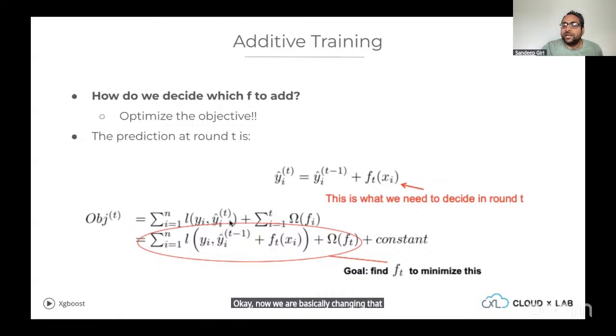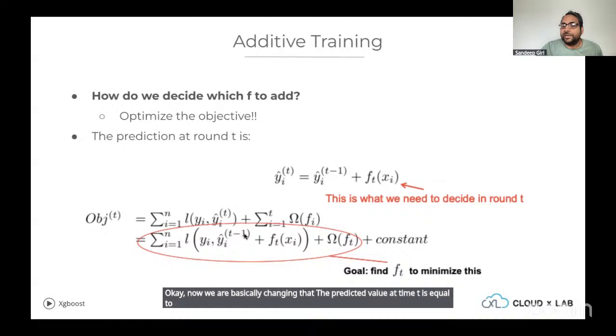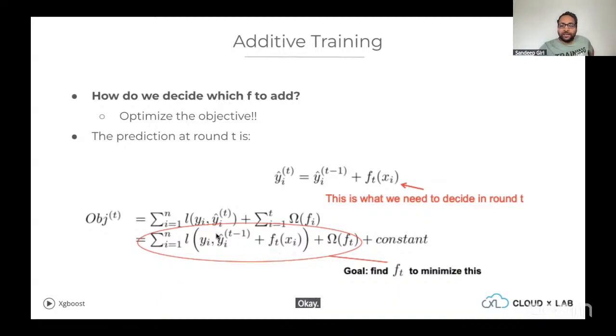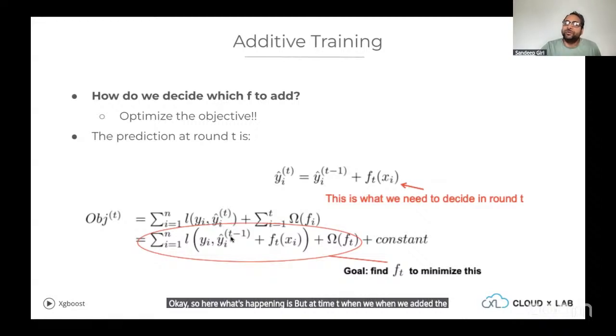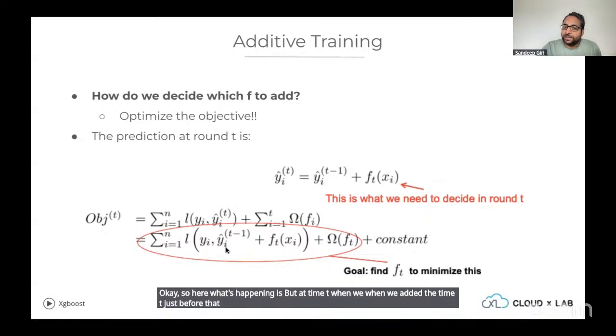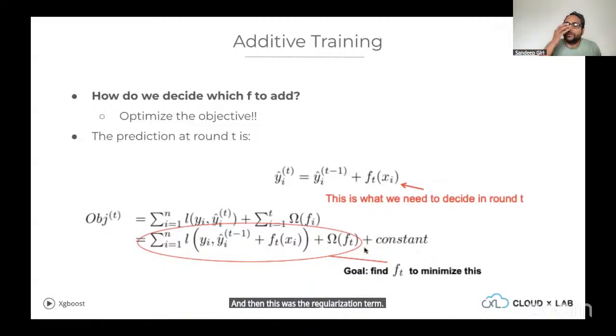The predicted value at time t is equal to the predicted value at time t minus 1 plus the last value that was predicted. Just before adding time t, this was the prediction, then we added this, and then this was the regularization term. Everyone okay?